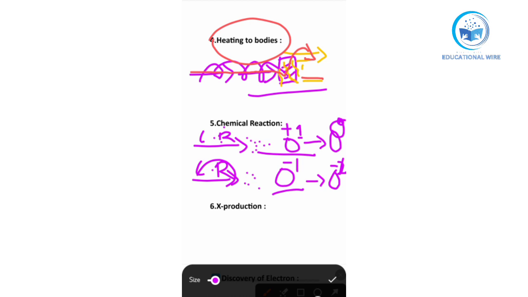In x-ray production, the same thing happens over here. We have cathode rays. After that, what happens is there is a heavy metal in the x-ray, like when we go to any laboratory and ask them to do x-rays.